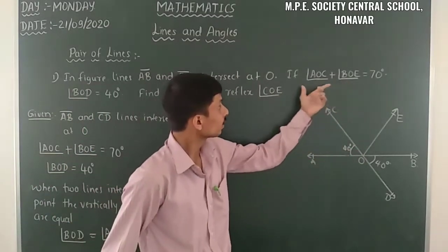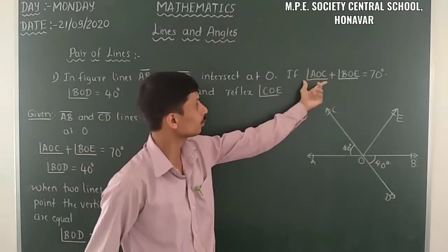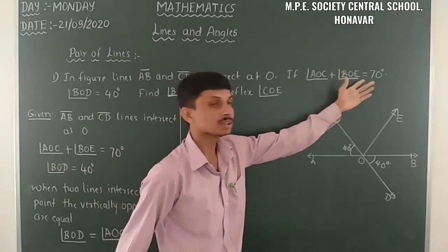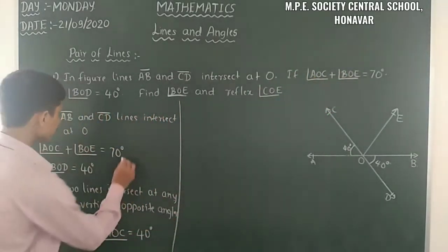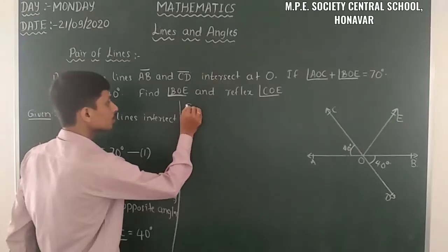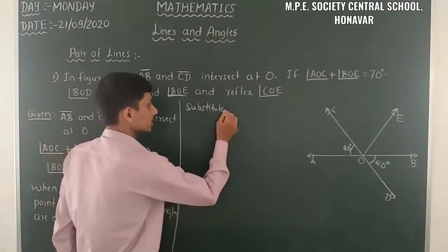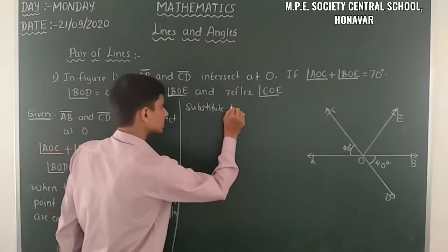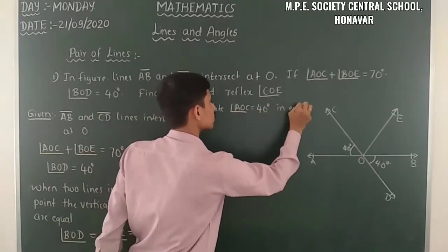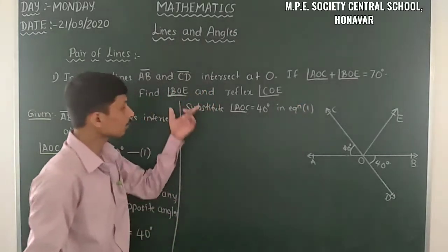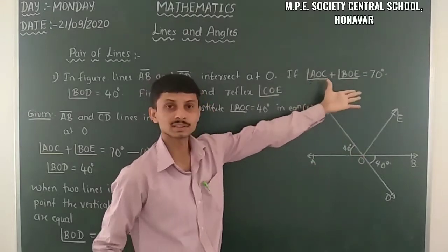Here we know angle AOC, so we have to substitute angle AOC here. Then we can find angle BOE. Let us take this as equation 1. Substitute angle AOC equal to 40 degrees in equation 1. So here we want angle BOE, that is why I substitute this value in this equation.